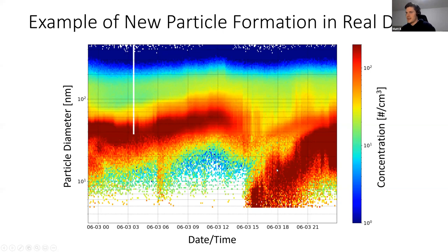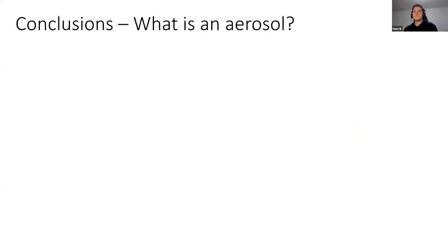If you track how it's growing in time, you can see this kind of trajectory. So this is actually a new particle formation event. There's a gas phase precursor, or gas phase species, that is clustering and forming new particles, and then you can actually see them growing in time as you track this concentration. So this is a really interesting event in the atmosphere, and I'll get into why in a little bit.